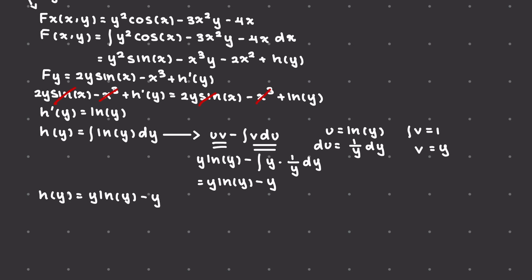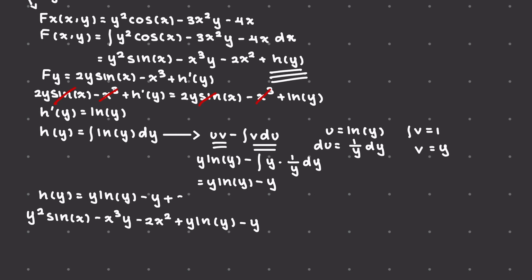And so let's substitute our h of y function here, which then will give us y squared times sine of x minus x cubed times y minus 2x squared plus y ln y minus y.